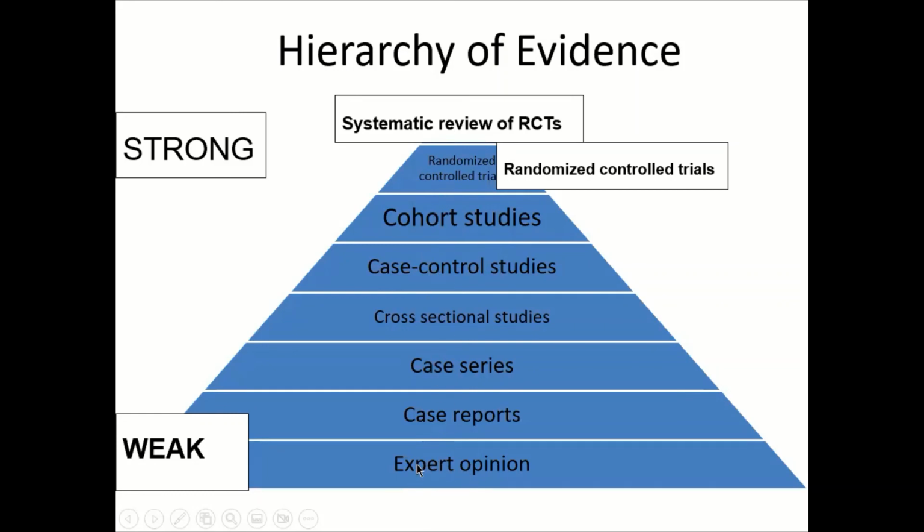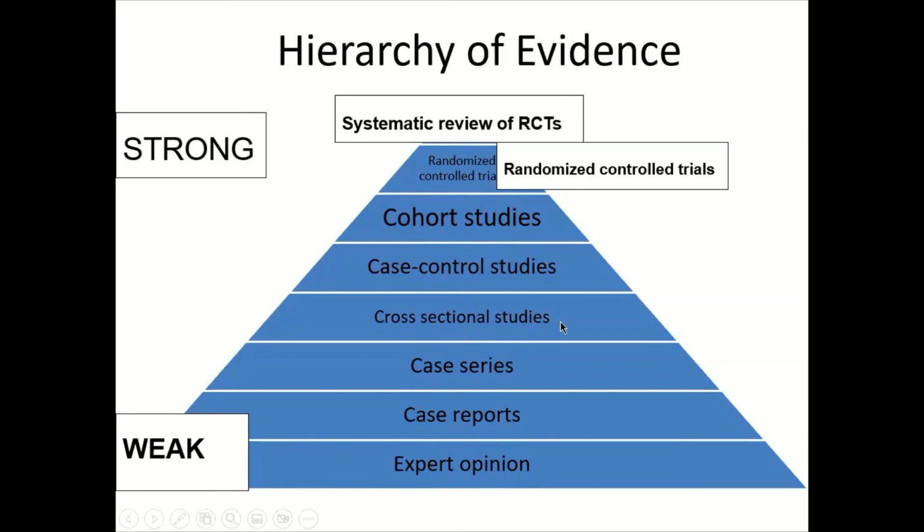At the bottom, expert opinion. Sometimes we have information about natural remedies. Natural remedies are expert opinion. They are weak. There is no evidence. We have case report, weak still. Case series, still weak. As we go up, we get more superior.